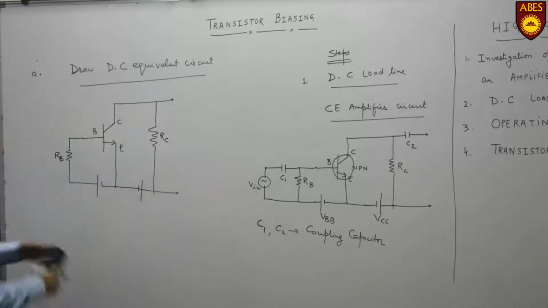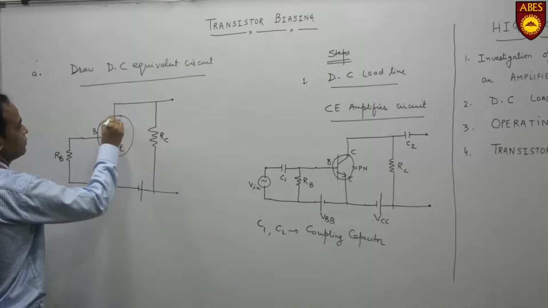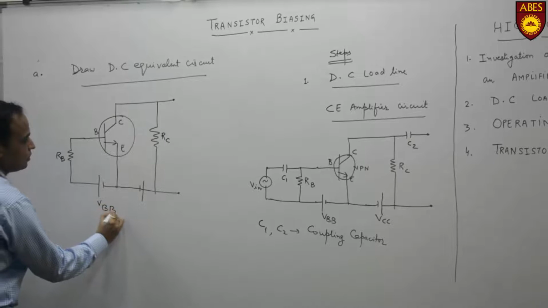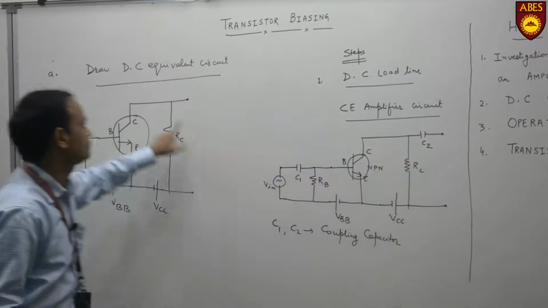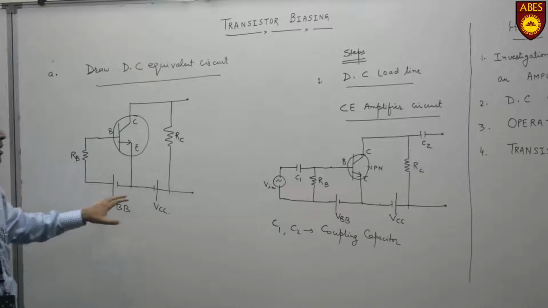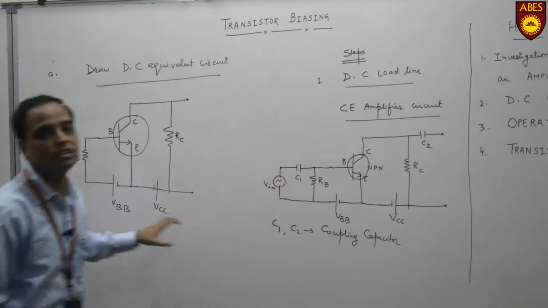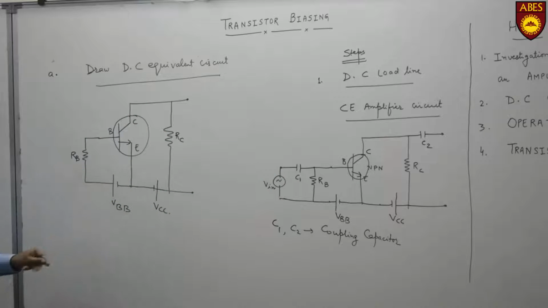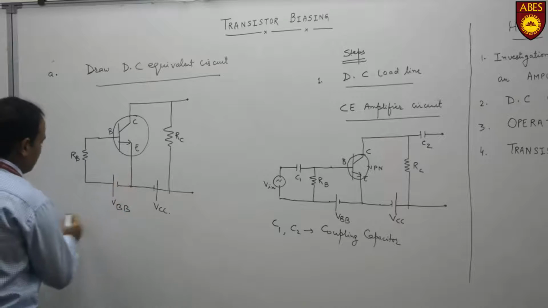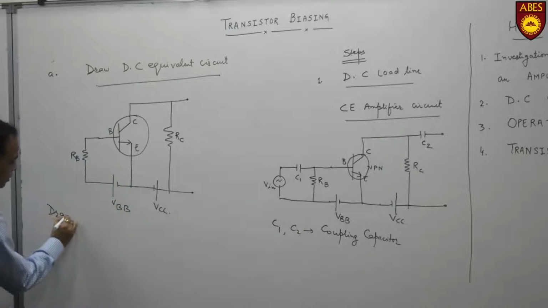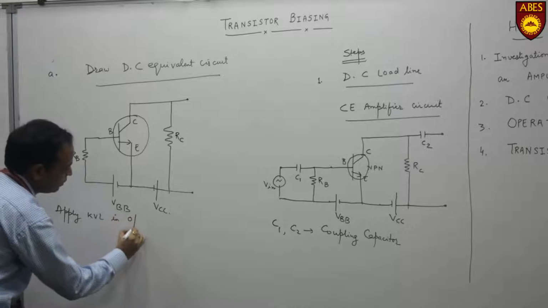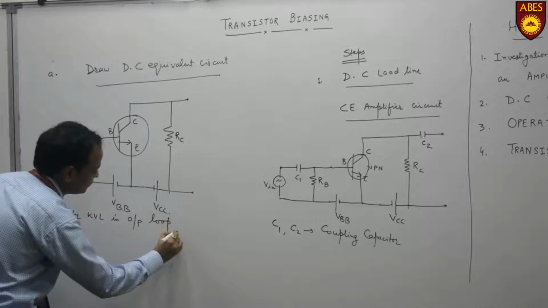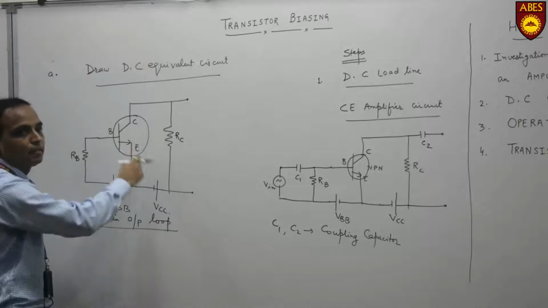Now if we see this diagram, C1 and C2 have been removed. They are no more present in the circuit. Along with that, the input signal which needs to be amplified is also removed. Now we apply KVL in the output loop, that is along the collector emitter junction.